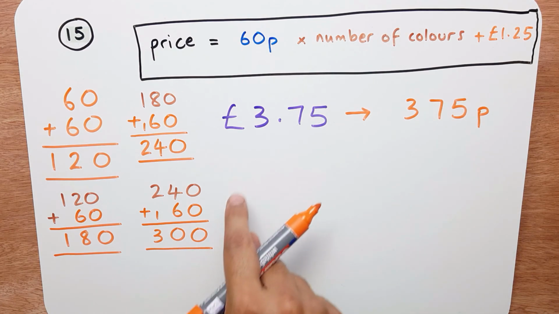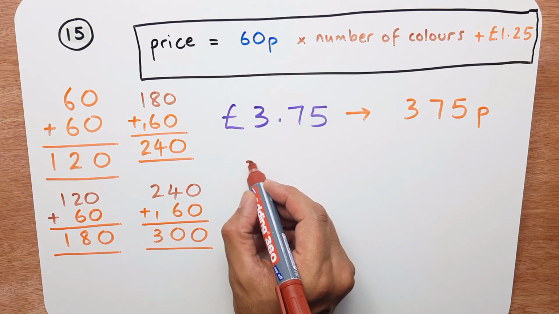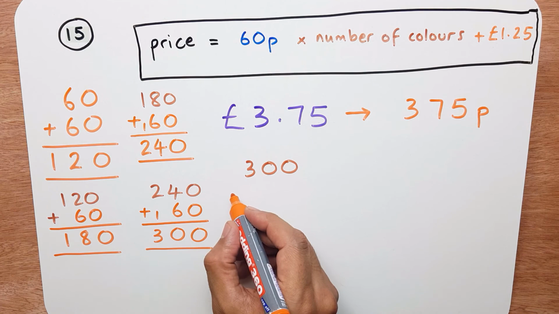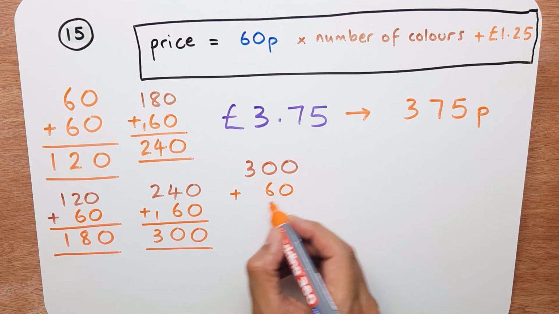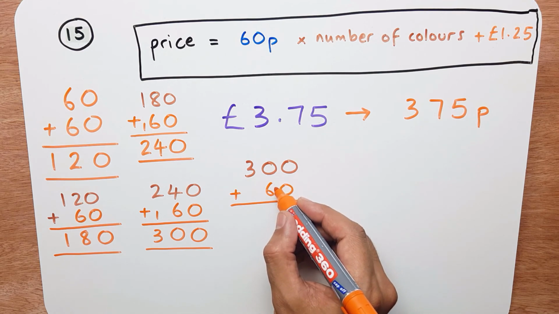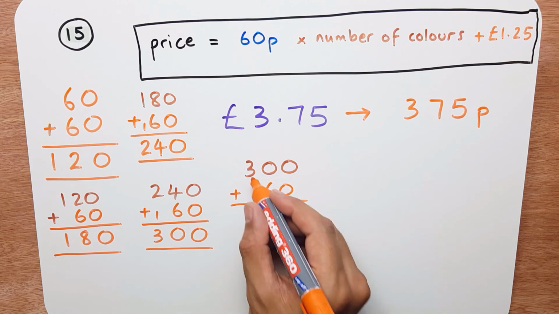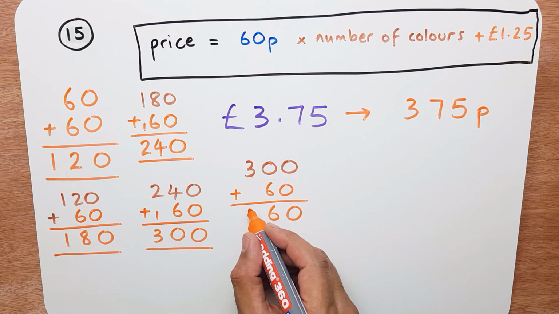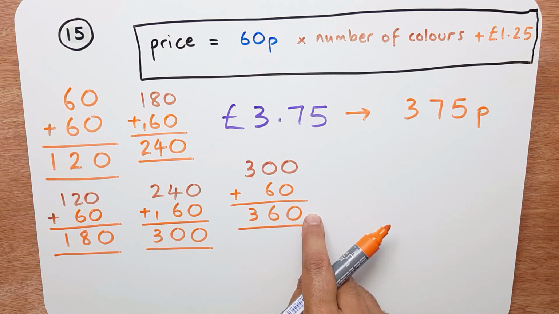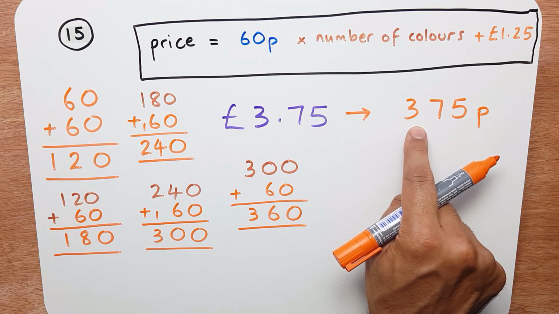So let's add one more 60. 300 add 60. 0 add 0 is 0. 0 add 6 is 6. 3 add nothing is 3. So we've got 360. It's just less than that.